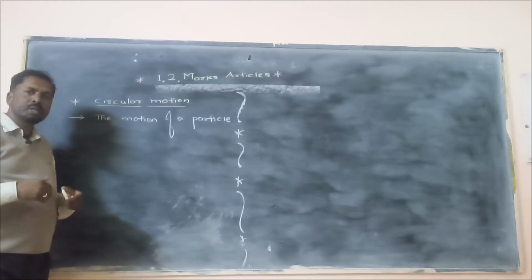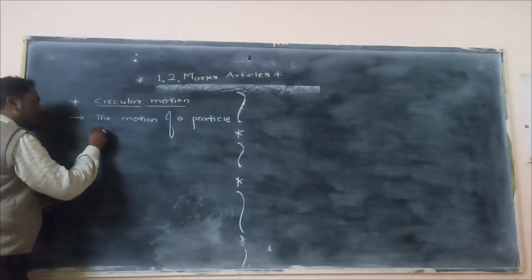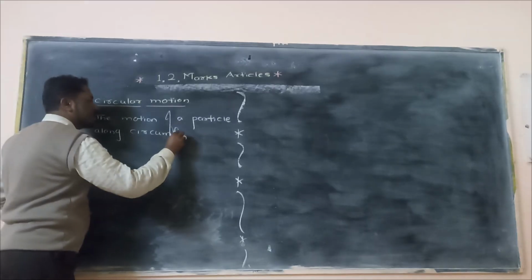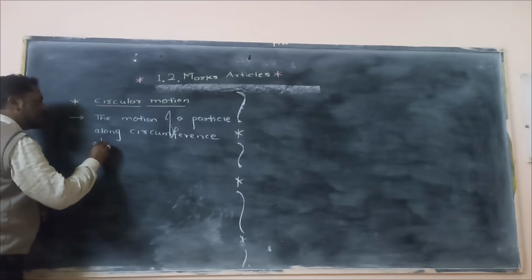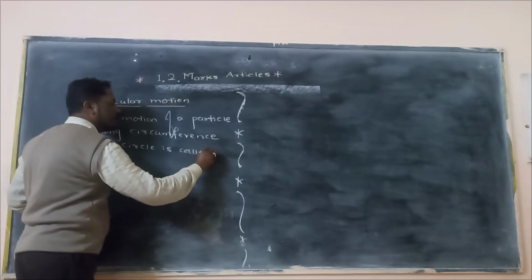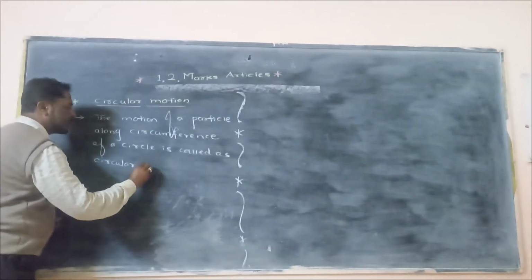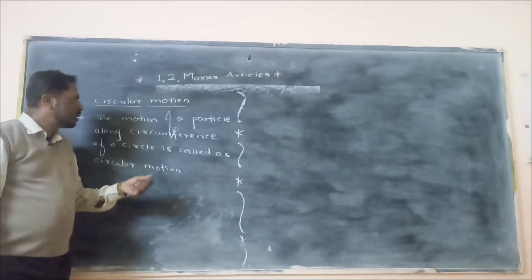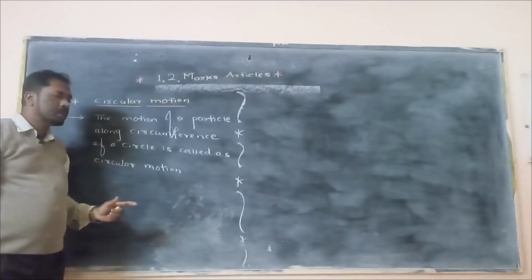You can say the motion of an object, or the motion of a body, along the circumference of a circle. The motion of a particle along the circumference of a circle is called circular motion.